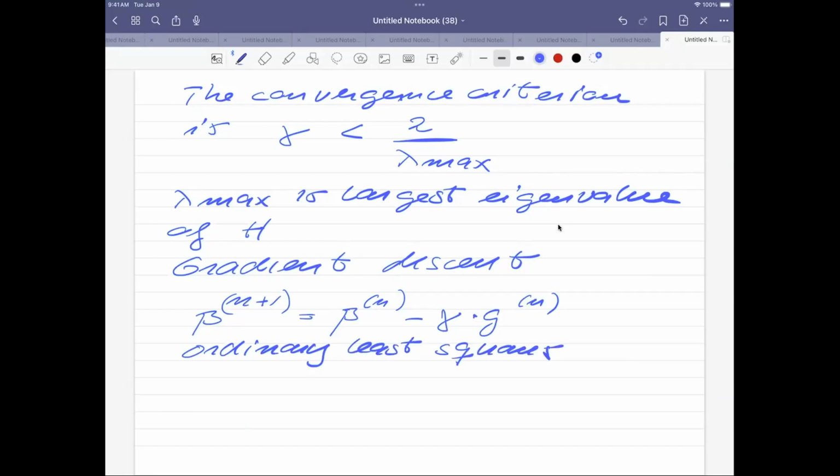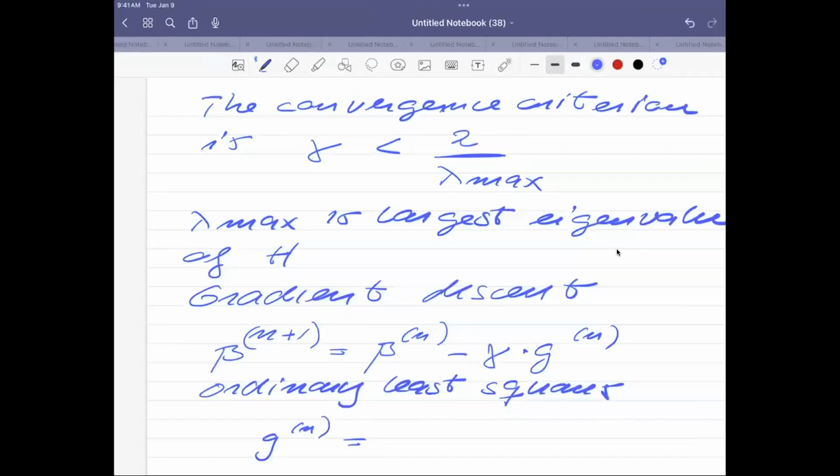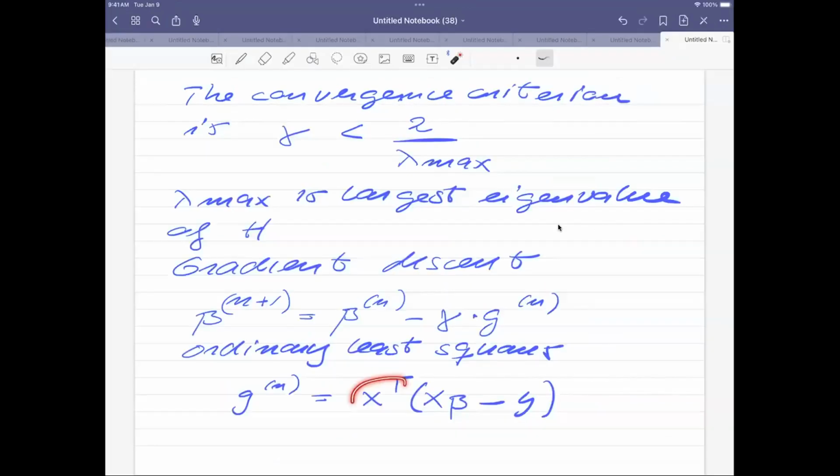What we found is that this gradient, the g of n, was given by this matrix X transpose, and then this was given by the matrix X again, multiplied with beta minus this vector Y. That was the gradient which we found from ordinary least squares. So we have an analytical expression for the gradient. This quantity which you have here is a matrix.